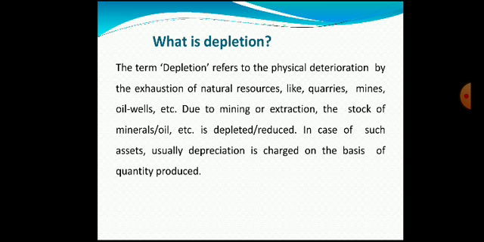After a particular period of time, the quarry becomes empty. That means all the coal is exhausted. So those assets are called wasting assets. We use the word depletion in case of charging depreciation for wasting assets, and here the basis is generally the quantity that is produced from the particular asset.